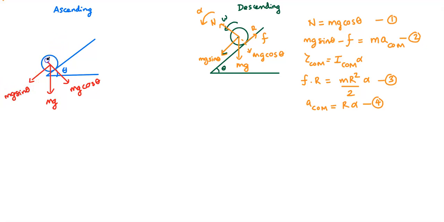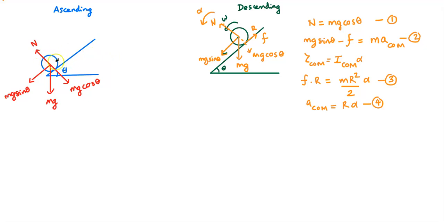There is going to be a normal reaction that acts. And what about friction? Similar to what we did here, let's think about what will happen without friction, right? Let's say there's no friction.